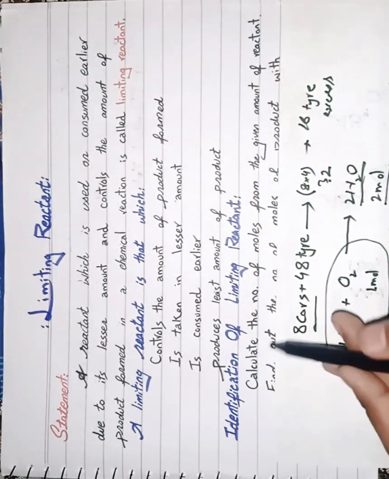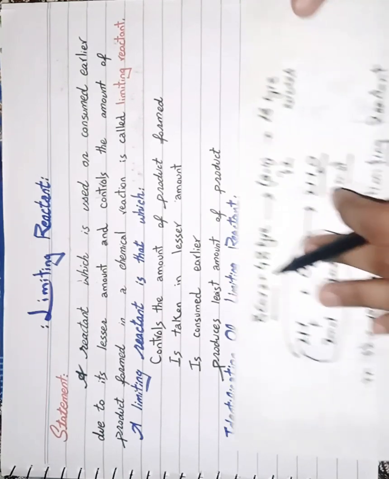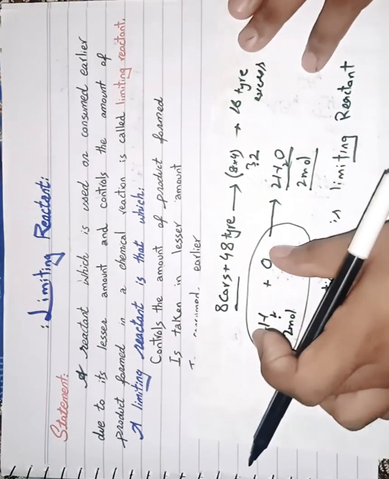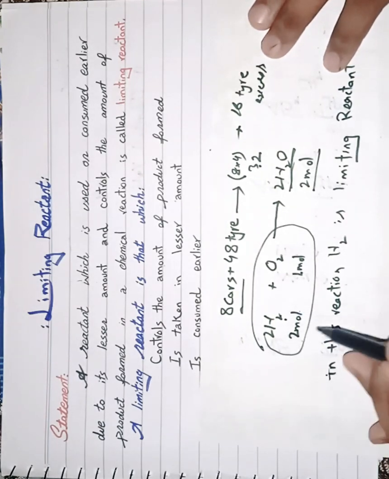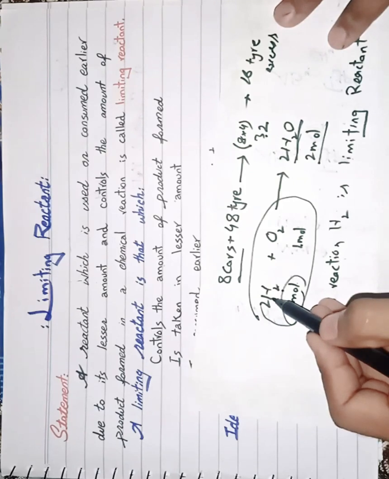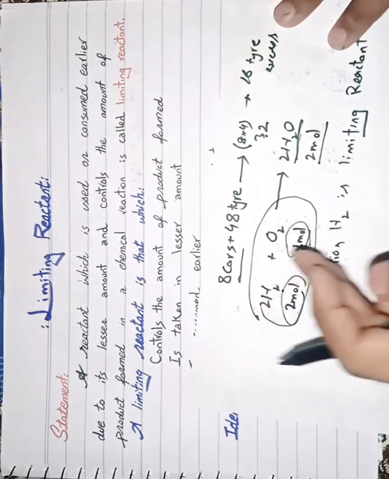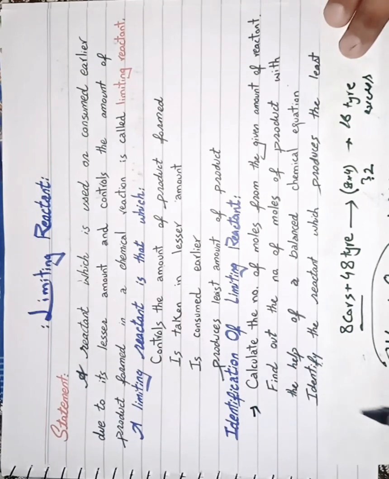As we first discussed, calculate the number of moles from the given amount of reactant. These reactants which we take in the reaction, now we calculate: 2 mole we take of hydrogen and 1 mole of oxygen. This is the first step.